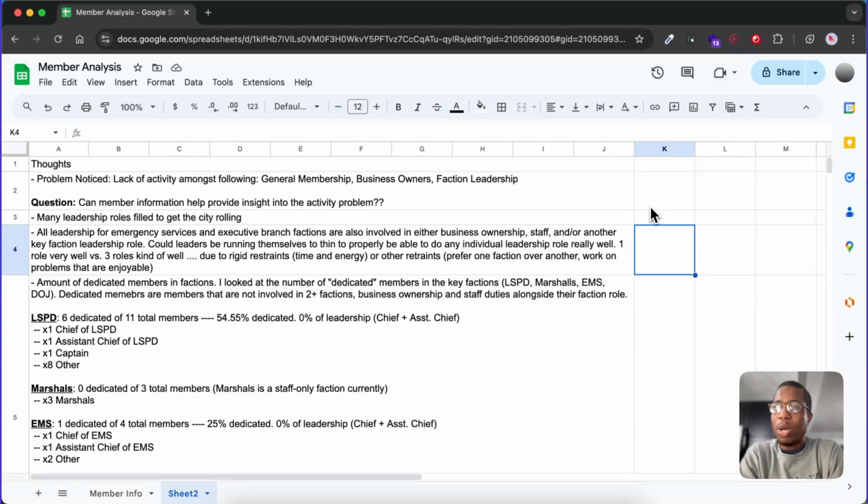So the question that I posed was, can this membership information that is on their Discord, with all the members and then their roles, help provide insight into the activity problem?